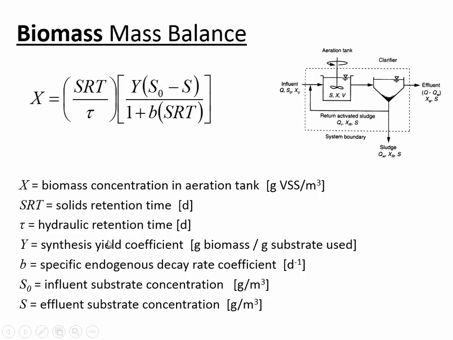Yield, we talked about last time, and yield is how much biomass grows from a gram of substrate that's used. Can Y be greater than 1? Is it possible for Y to be greater than 1? That's right. Why couldn't you have a Y value greater than 1? If I eat 1 pound of hamburger, and I weigh myself on a scale, step off, eat 1 pound of hamburger and step back onto the scale, it can't increase by 2 pounds, right?